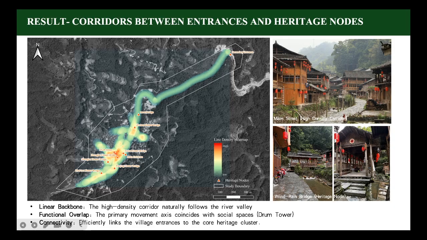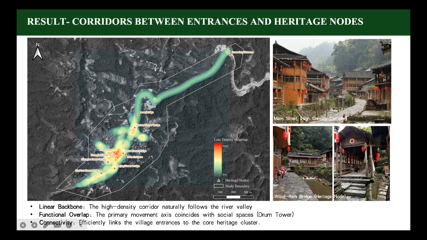Complementing the accessibility analysis, we can examine the village's spatial structure in the line density heat map, which visualizes the movement sequencing of the settlement by highlighting corridor segments that appear most frequently in entries-to-node routes. The warm color core indicates where movement is most likely to concentrate.